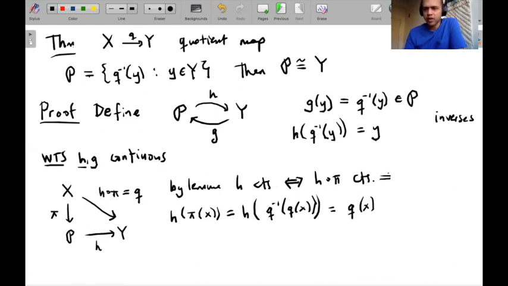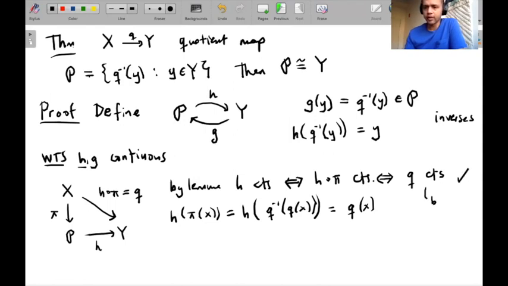This is the same as, well, H composed pi is Q. So whether or not Q is continuous. But Q is continuous by assumption because Q is a quotient map. So this is part of the definition. Okay, so that's all that you have to do to show H is continuous.